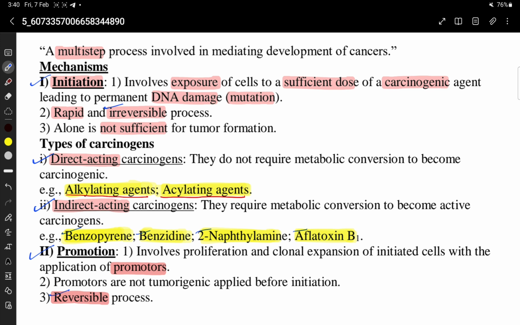Indirect acting: benzopyrene, benzidine, 2-naphthylamine and aflatoxin B1. These are indirect acting carcinogens.